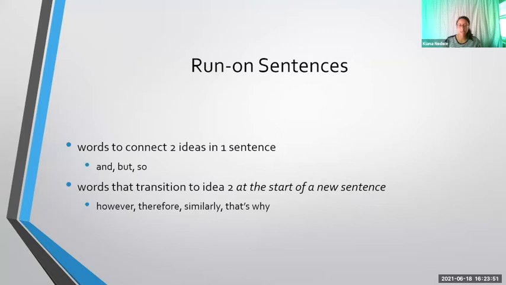So those are at the start of a new sentence. So an example of that I will write in the chat as well. I hate being cold, period. That's why my house is so warm.